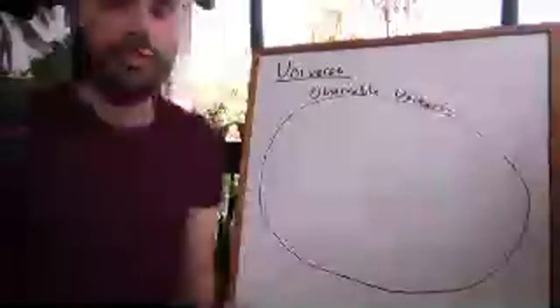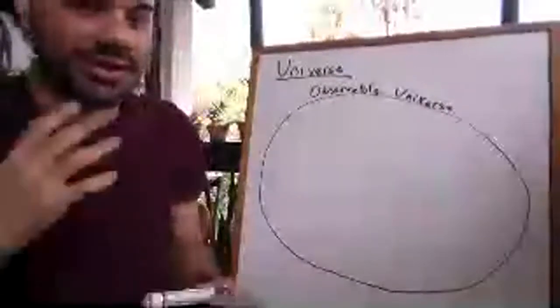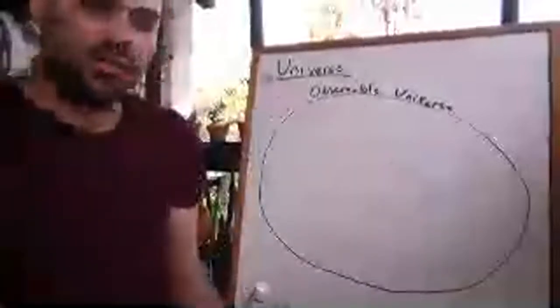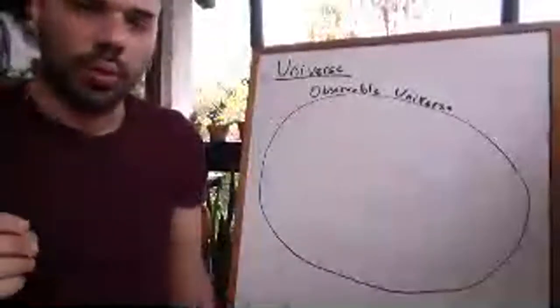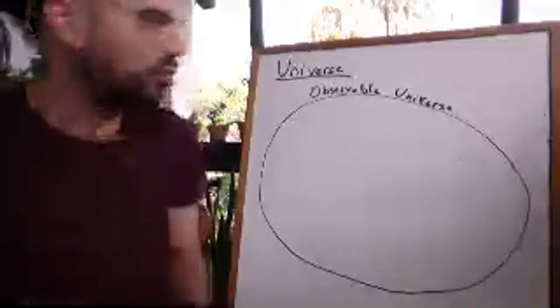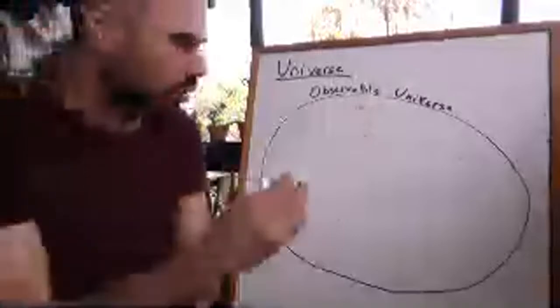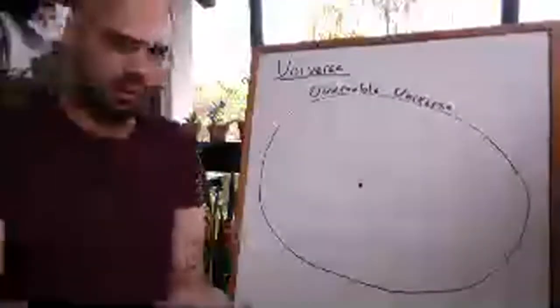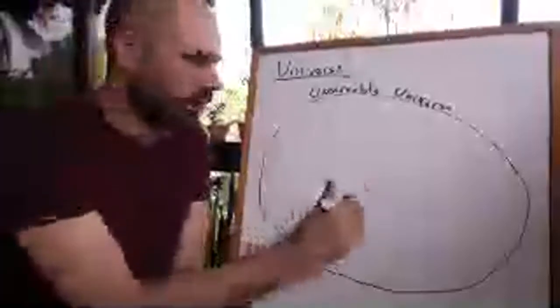And what is the observable universe? This is the universe that we can actually see. Because for us to see, we need light. And for light to travel very far distances to where we are here. It has to be the center.